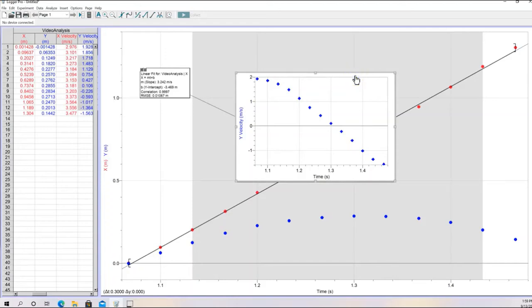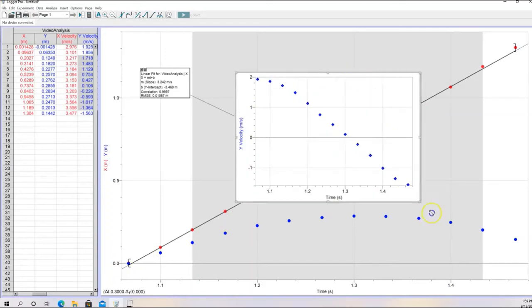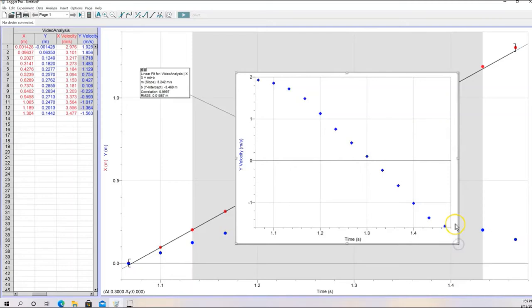And that is more or less what we expected. We expected to see that if our vertical motion is just like an object in free fall, that is to say, undergoing constant acceleration in the vertical motion, then we would expect a graph something like this.